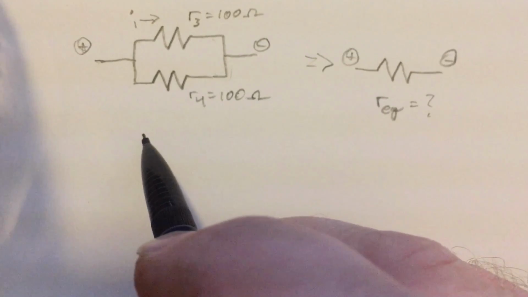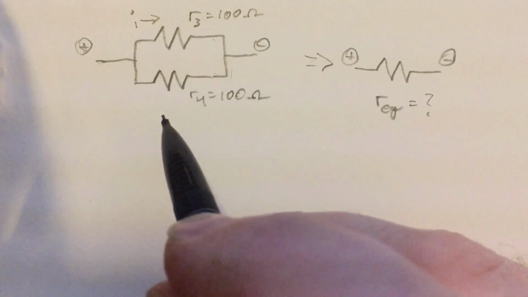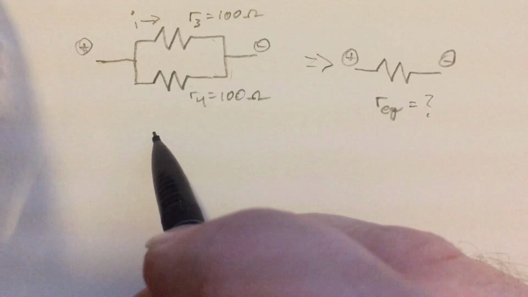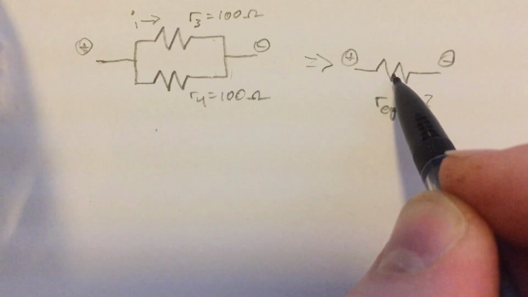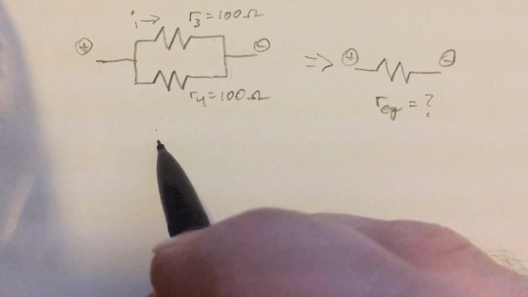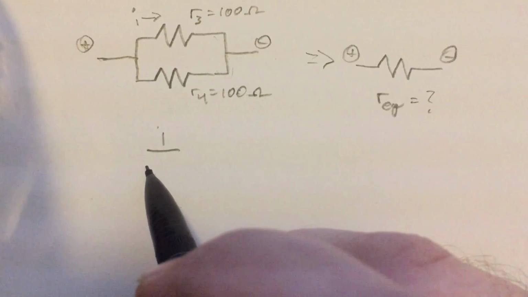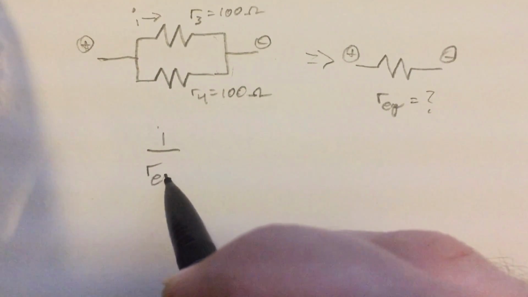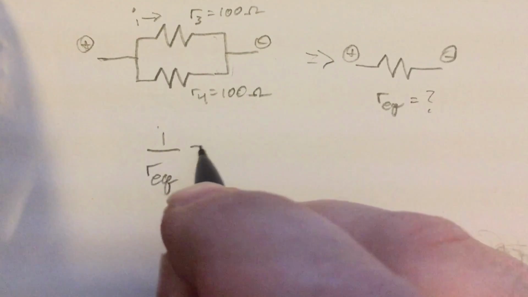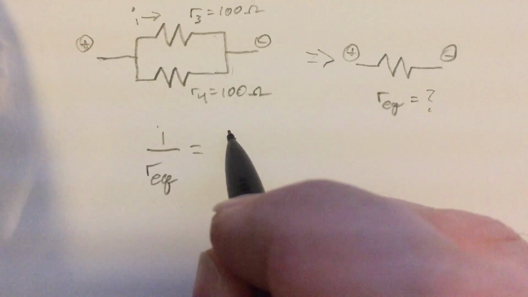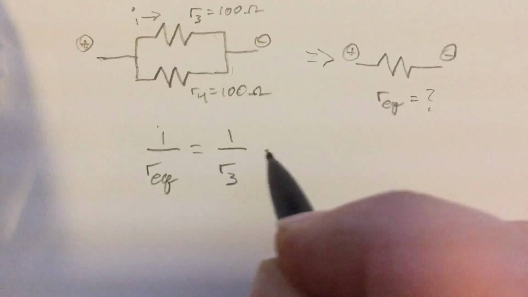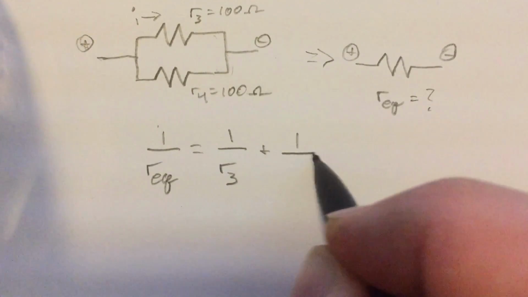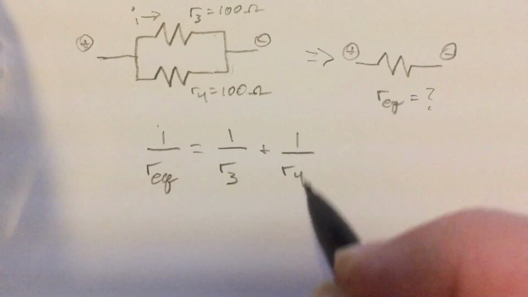So suppose we do the math now. The formula for figuring out this equivalent resistance is 1 over that resistive equivalence is equal to 1 over R3 plus 1 over R4.